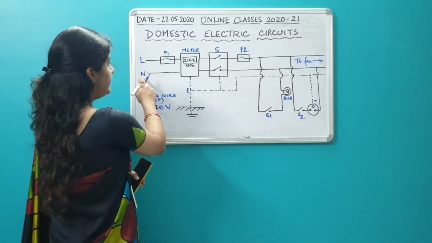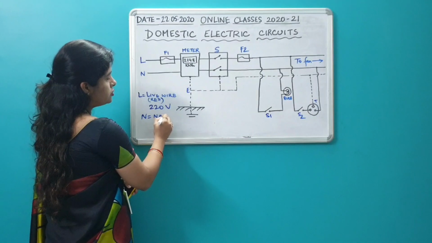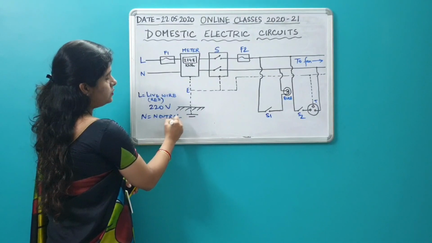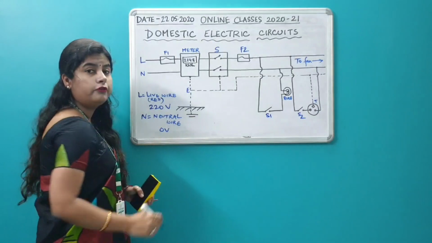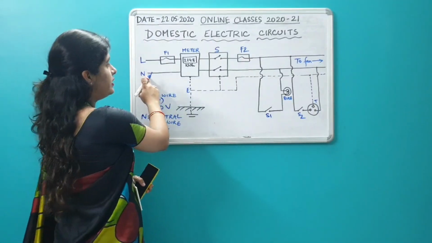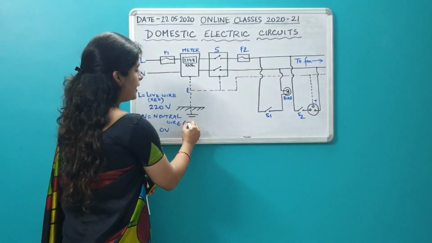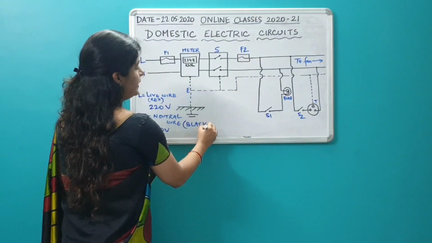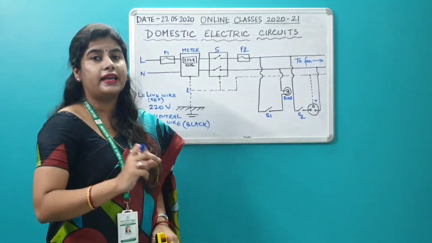And N is another wire which is known as the neutral wire. This neutral wire has a potential of 0 volt, and it is black in color. It has a plastic insulation which is black in color.